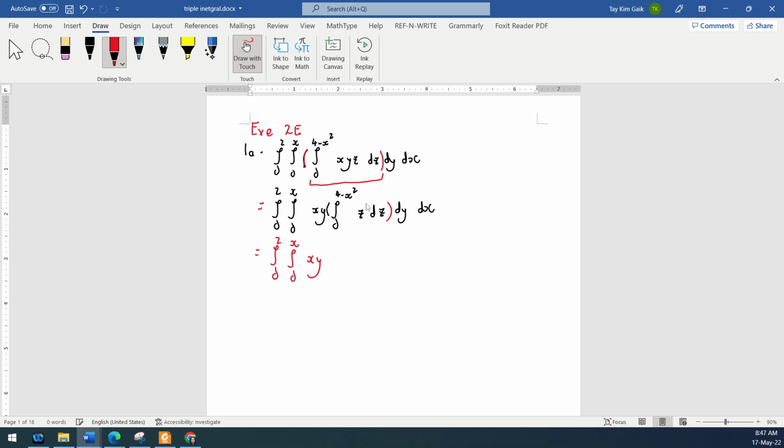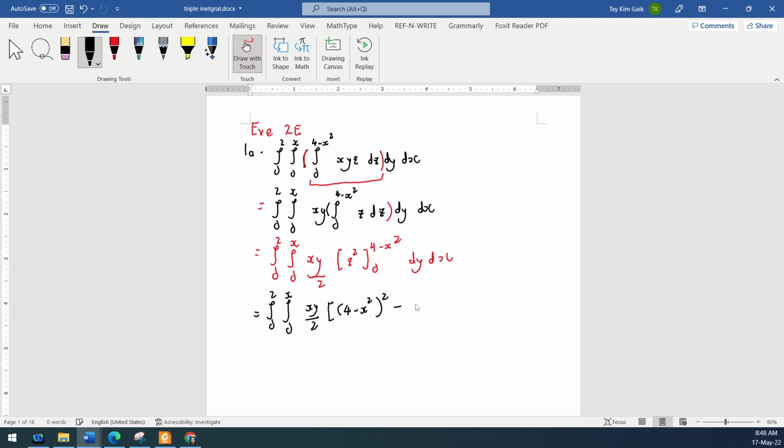So integrate z dz, you have z squared divided by 2. I factor out, and then plug in the limit from 0 to 4 minus x squared, and then you have dy dx. So you have xy divided by 2. Plug in the upper limit 4 minus x squared, and then you square it.